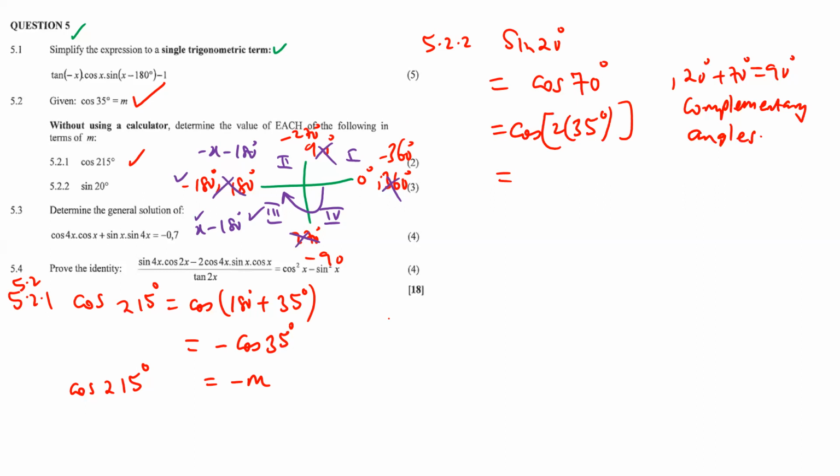Okay, Sir, yes, please. 5.1. You see 5.1? Yes, I can see 5.1, uh-huh. The answer is wrong. Okay. What should the answer be? The answer is supposed to be sine x times, I think, minus sine x.